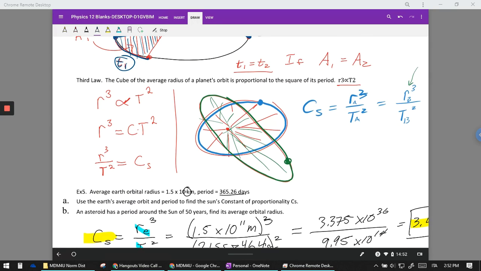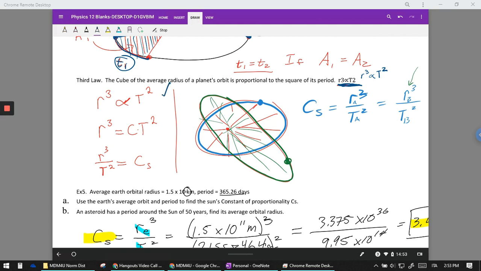Now, Kepler's third law says that the cube of the average radius of a planet's orbit is proportional to the square of its period. So the radius cubed is proportional to the period squared, which is basically this.